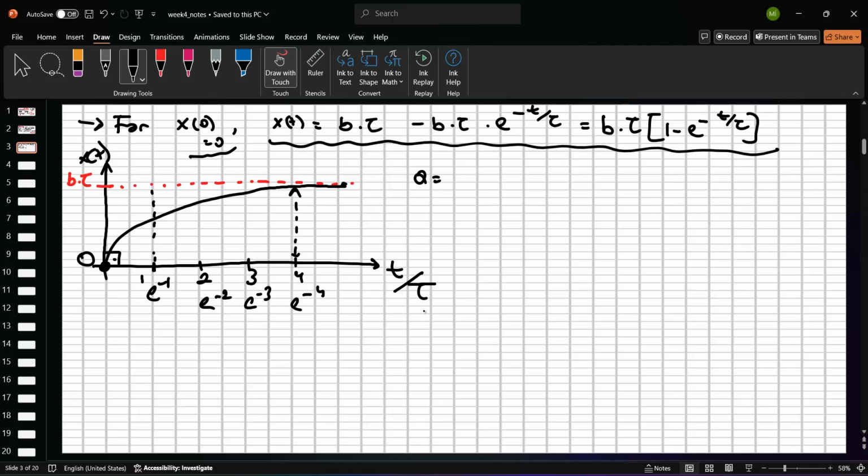T divided by tau is equal to 1, 2, 3, 4, right? Because it's equal to e^-1, e^-2, e^-3, e^-4, right? This is the standard representation of our time response based on the tau value, time constant value, okay?